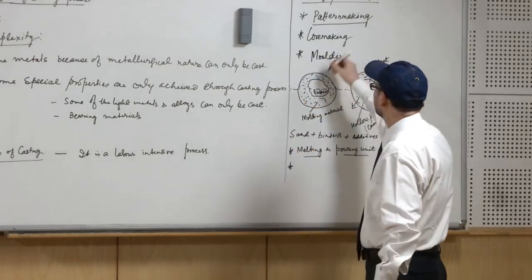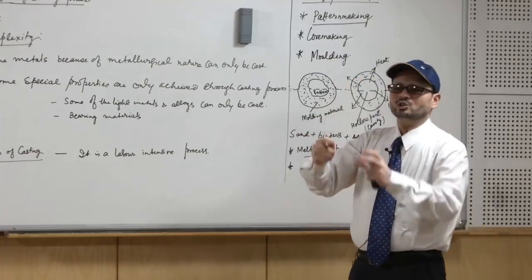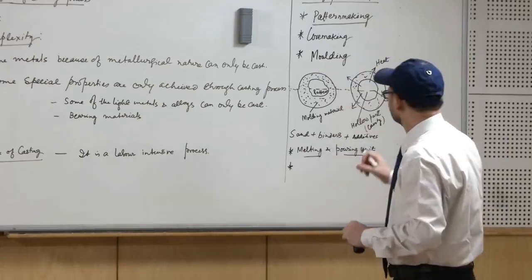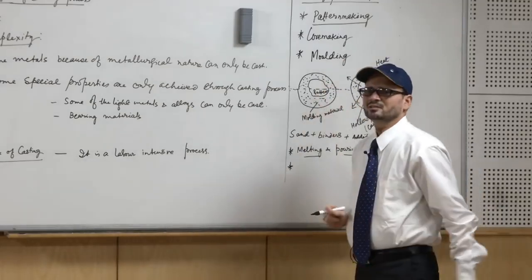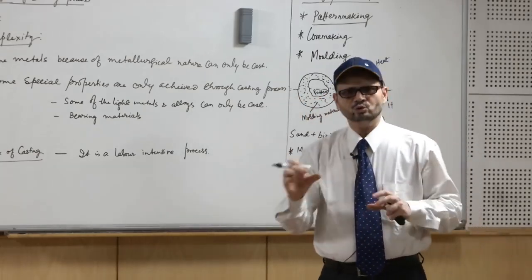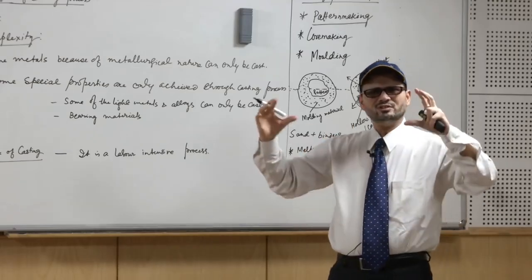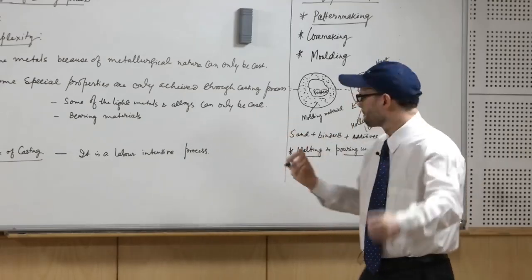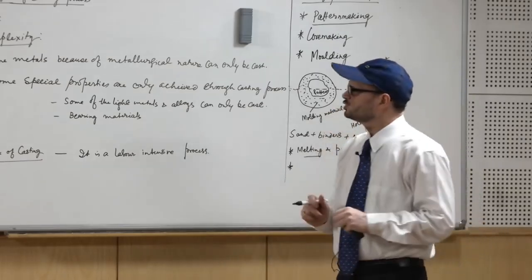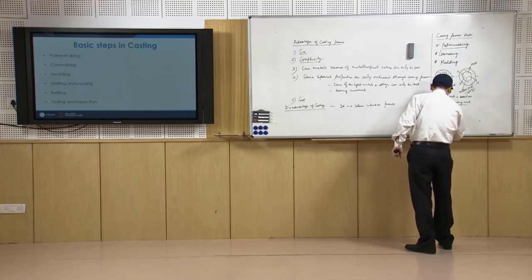So, you may have a mechanism for pouring the material through a funnel shaped attachment, or you may have a horizontal way to pass the liquid metal, or you may have a riser which takes into account of the shrinkage. All these are to be removed. So, that is done through the process of fettling.